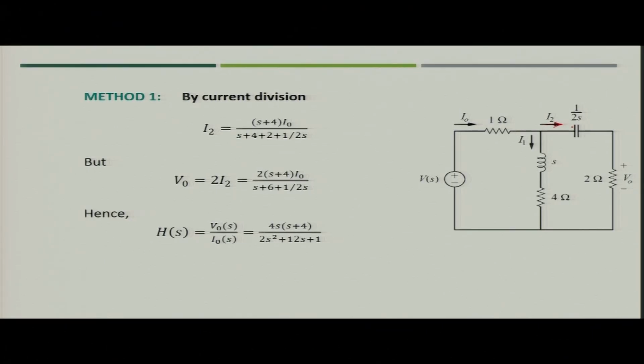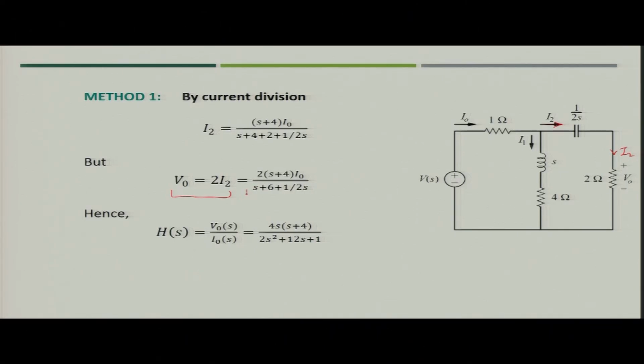Now, when you see this current, I2, and you are asked to find the value of V naught, it would be nothing but I2 into the 2 ohm resistance. So, V naught is nothing but 2 into I2.